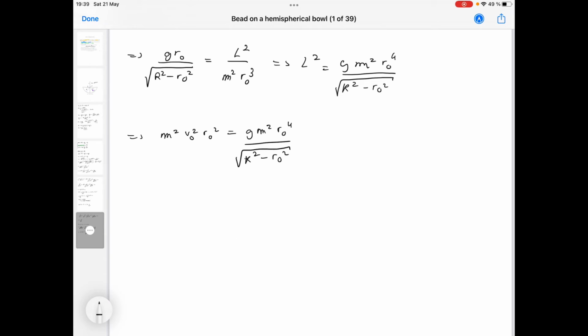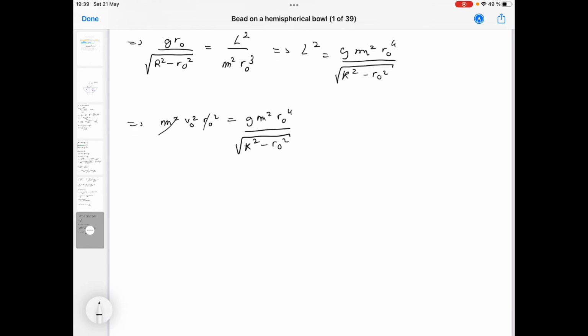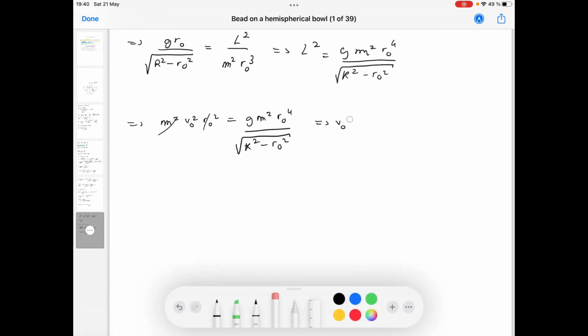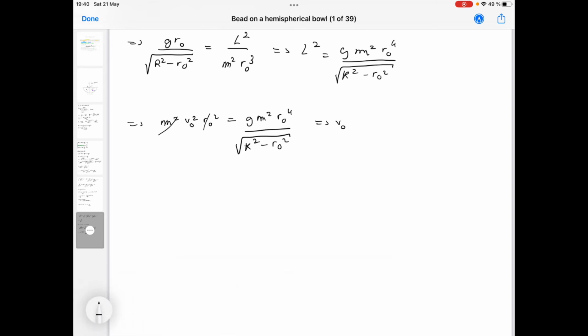So we can divide by m and r0 squared, and we just get that v0 squared, so v0 is just going to be the square root of g r0 squared over the square root of r squared minus r0 squared.